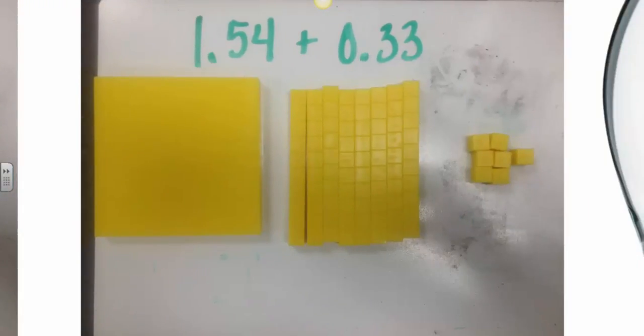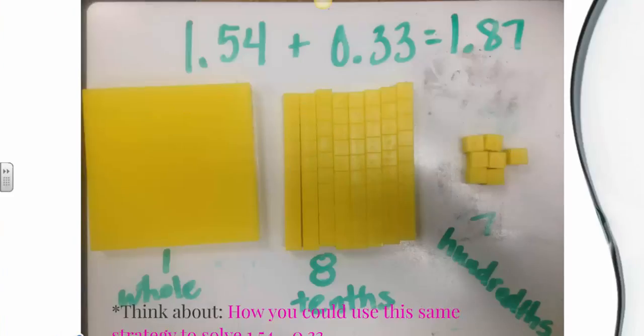Like blocks are combined, flats with flats, rods with rods, and units with units, or wholes, tenths, and hundredths. Think about this. How could you use this same strategy to solve 1 and 54/100ths minus 33/100ths?